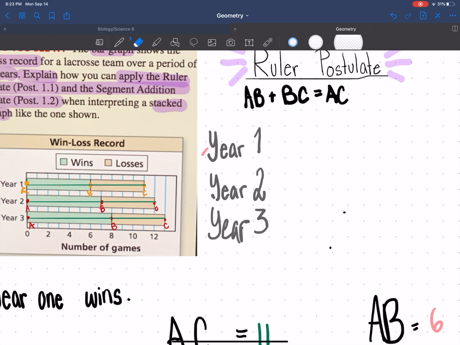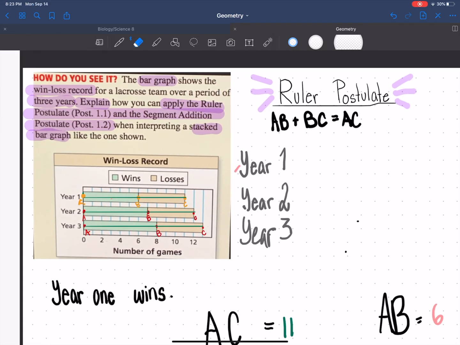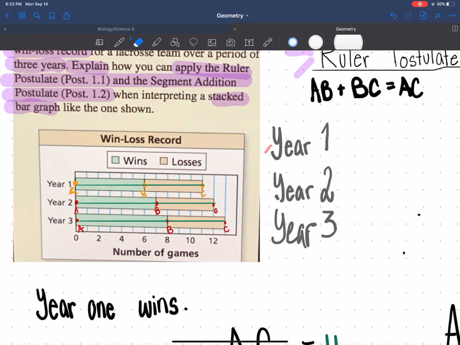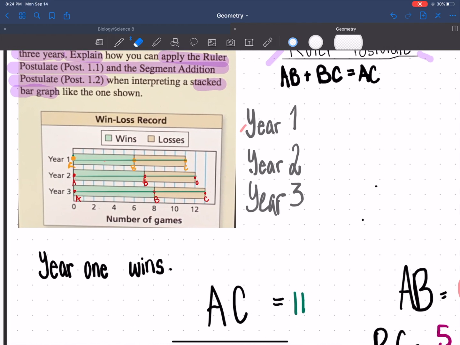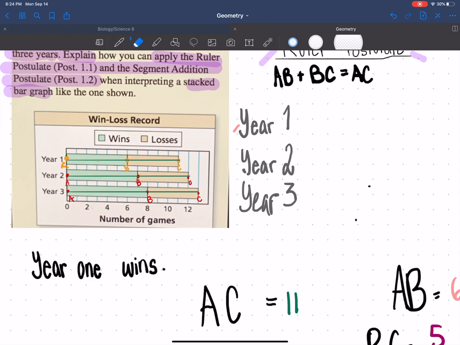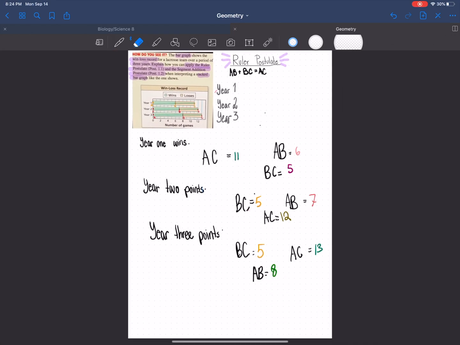Well, you can use the values to answer questions that you wonder about this bar graph, or to interpret the bar graph. We found the values, and we can make statements based off of the bar graph and about the lacrosse team.